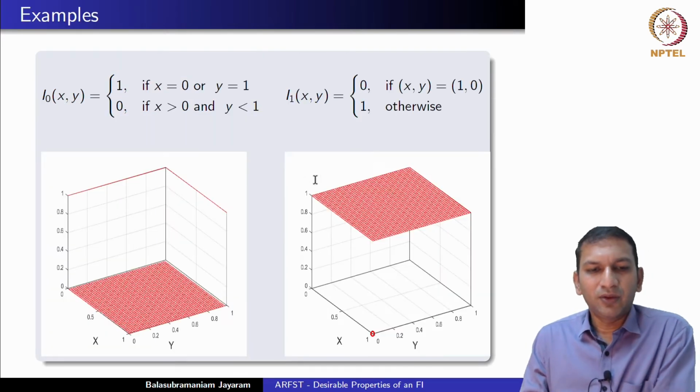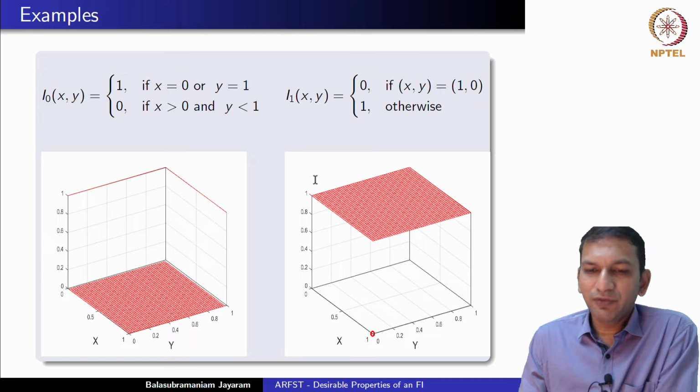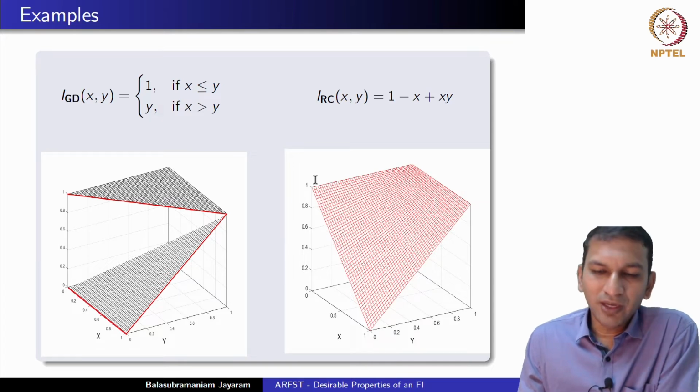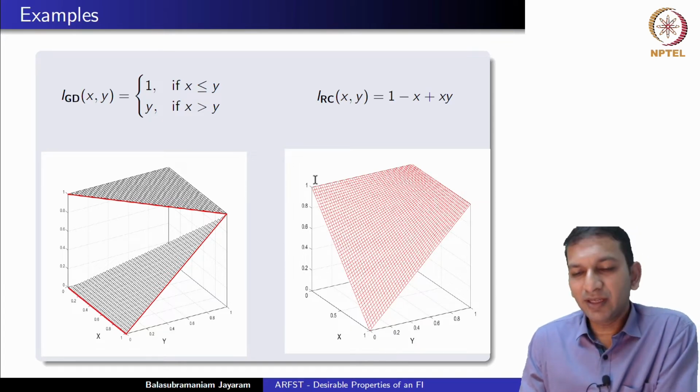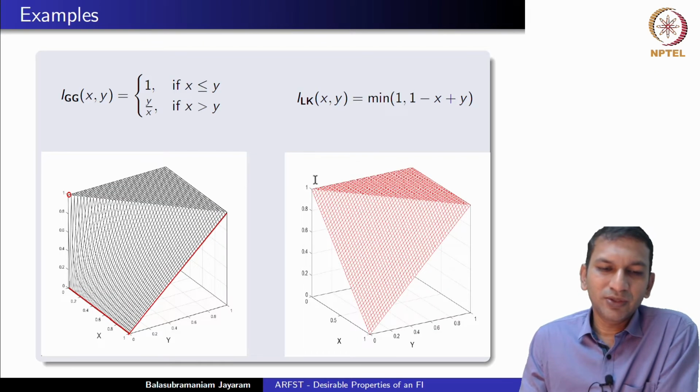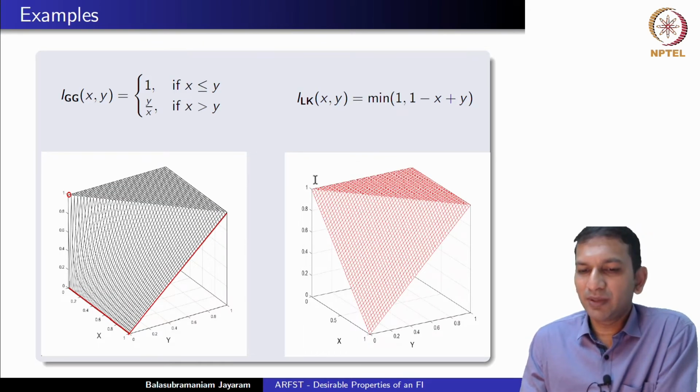Well, now we have seen a few examples. Quickly to recall, these are the smallest and the largest fuzzy implications, and this is the Gödel implication on the left and the Reichenbach implication on the right, the Goguen implication on the left and the Łukasiewicz implication on the right.